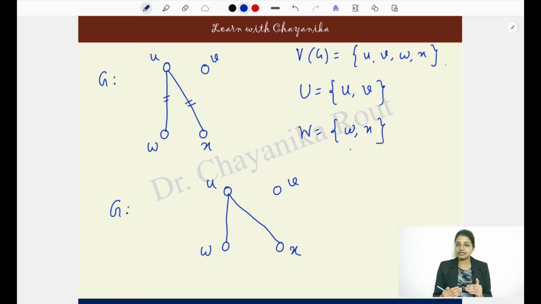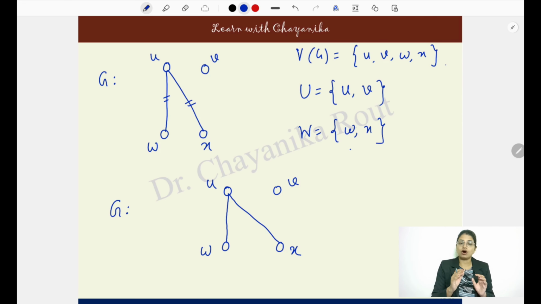Keeping the bipartite nature intact means you have two partite sets, and the two partite sets are themselves independent sets, that is, they are mutually non-adjacent vertices. You cannot have an adjacency among any two vertices of the same partite set. That is what is to be maintained in a bipartite graph. How can I make it a complete bipartite graph?